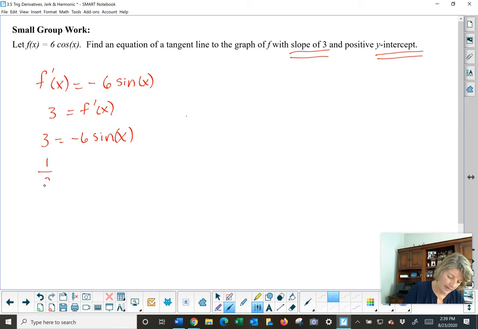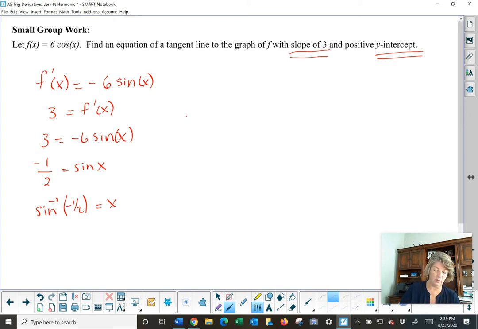That's negative 1/2 equals sine x. And we can go sine inverse of negative 1/2 equals x. So now you need to think, where is sine equal to negative 1/2 on the unit circle?